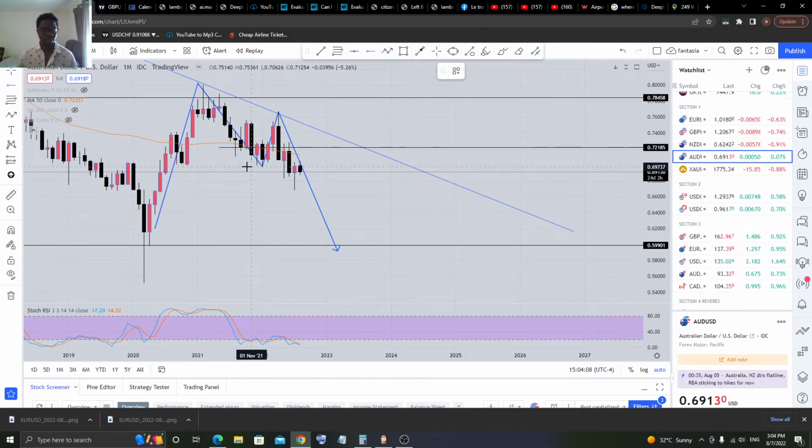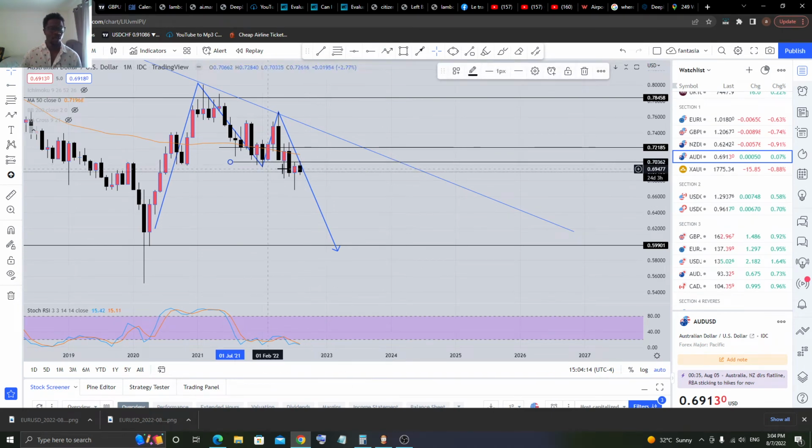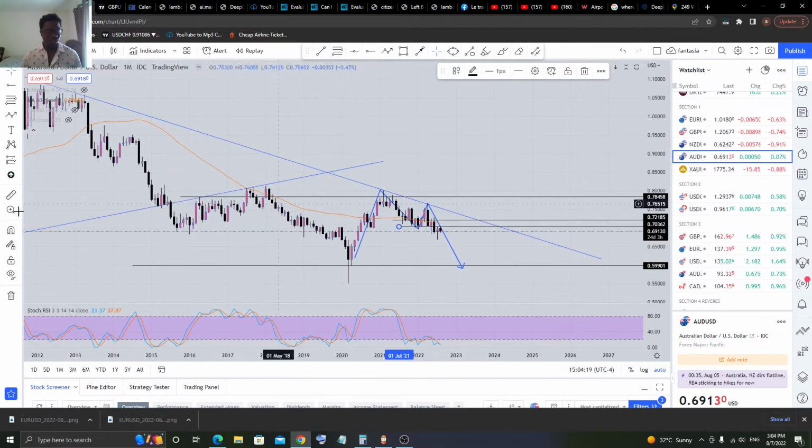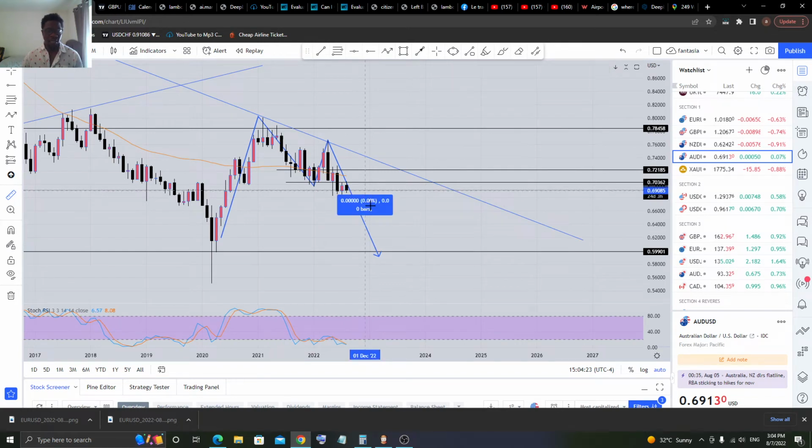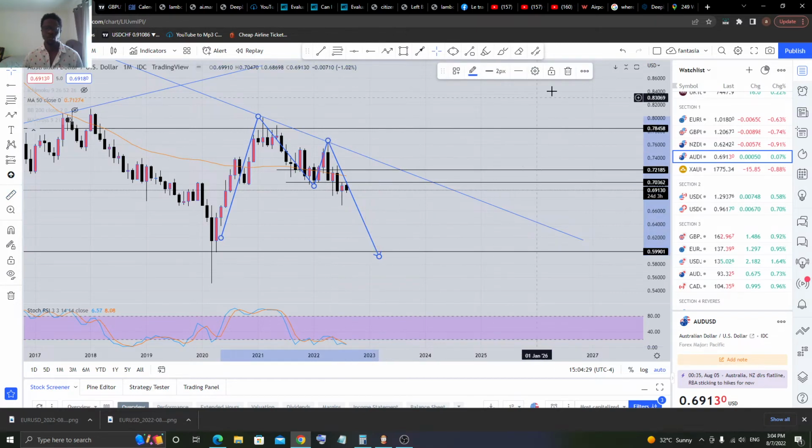Price is testing the neck of the double tap to go down. So if this has to happen, guys, what would that be? That would be like a thousand pips, like I explained to you before, guys.